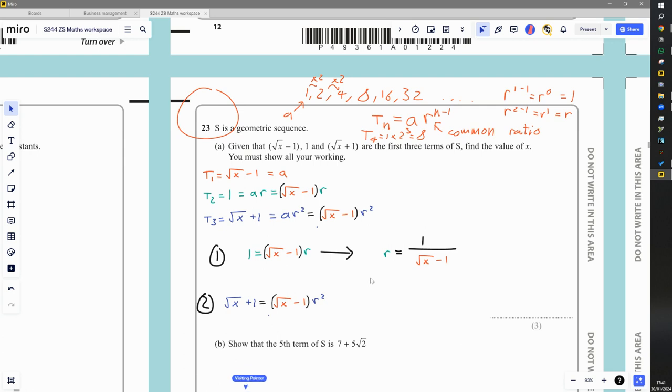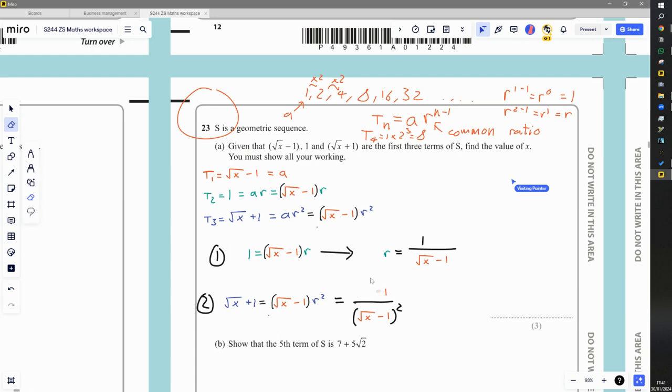So instead of writing r squared, I'm going to write all of this squared. So let's write another equal sign there and write this at the top, and it's going to be divided by all of that squared. Now, because of that, we've essentially got something multiplied by itself squared.